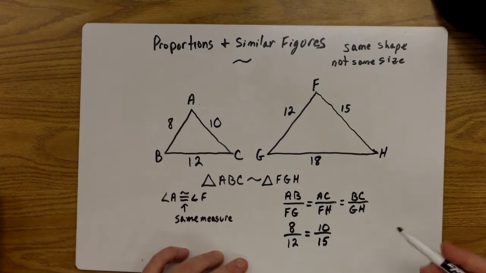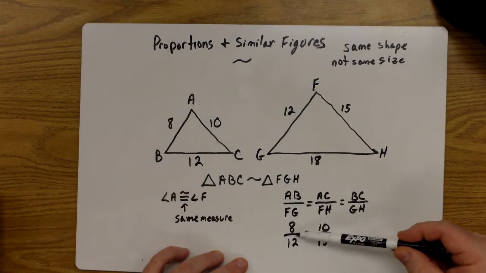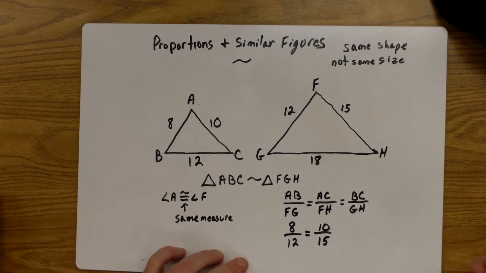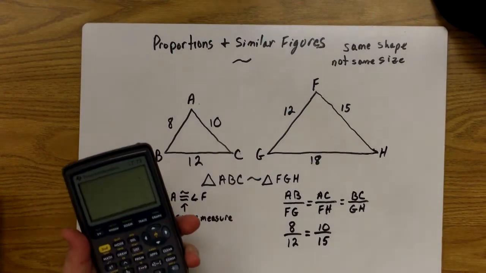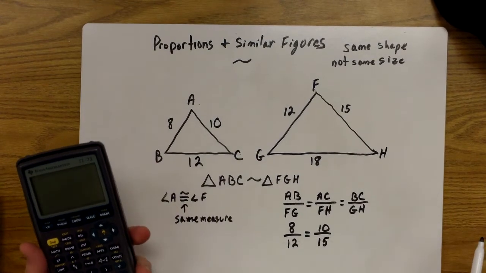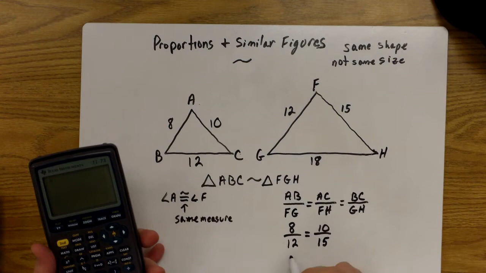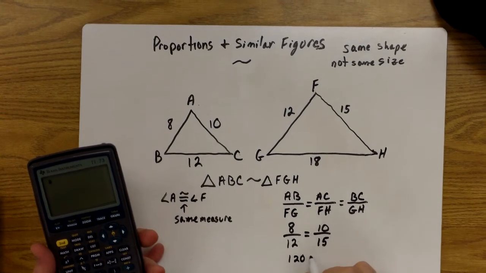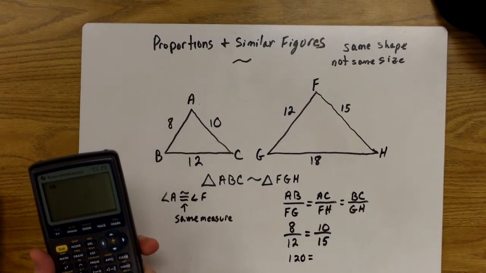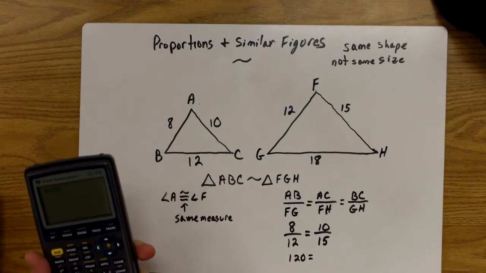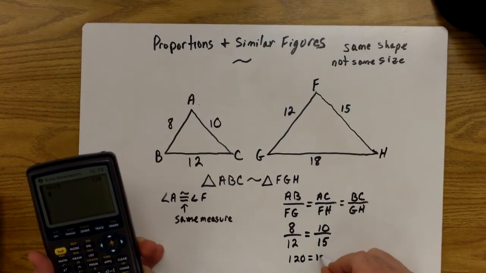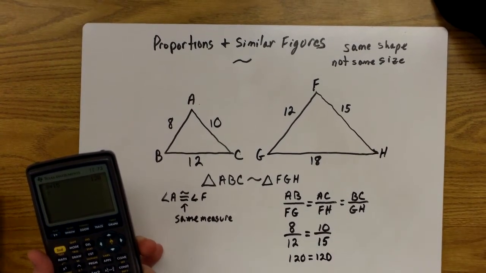And the first thing you want to notice is the top numbers are smaller than the bottom numbers, so at least we are on the right track. And the way we check to see if two ratios are equivalent in a proportion is to cross multiply. So 12 times 10 gives us 120, and then 8 times 15 also gives us 120.